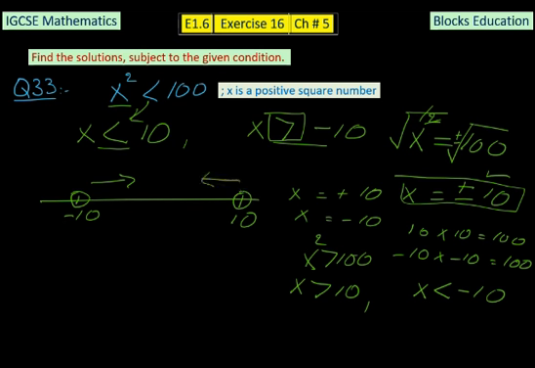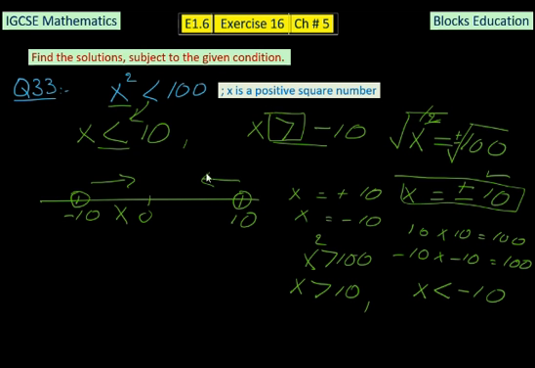Our solution is squeezed between minus 10 and plus 10, and the condition says x is a positive square number. So you have to find all the positive square numbers squeezed between minus 10 and plus 10. Minus 10 to 0 is neglected, because we're looking at positive square numbers.